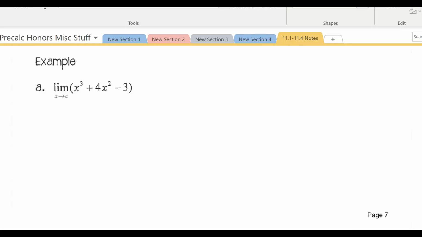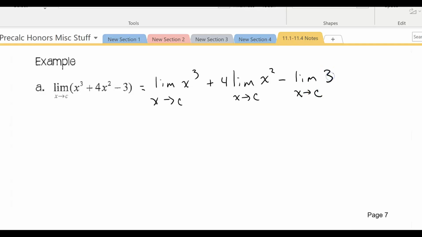So if I'm going to use my properties here, I could split this up into the limit as x approaches c of x cubed plus 4 times the limit as x approaches c of x squared, and then minus the limit as x approaches c of 3.